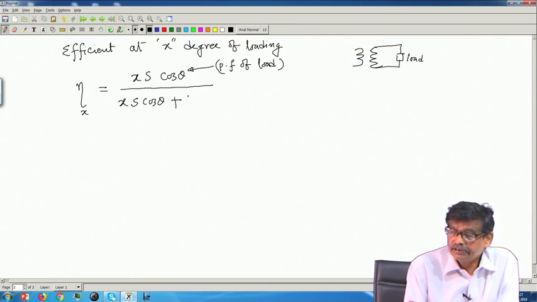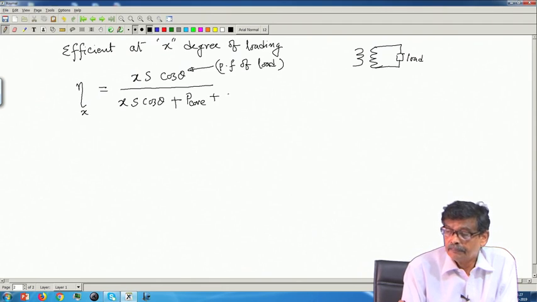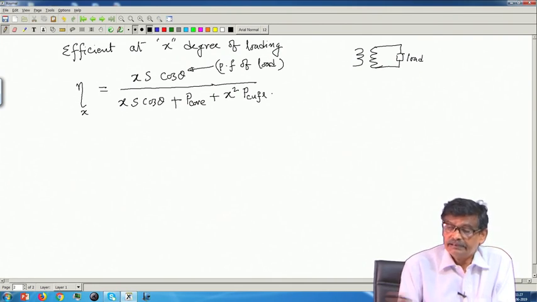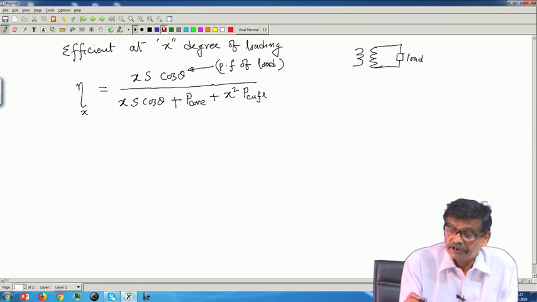What are the two losses? One is the fixed loss P core, plus x squared into P copper loss at full load. This is the expression for the efficiency, a very important expression.